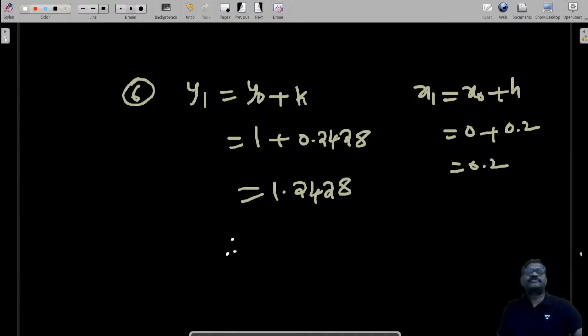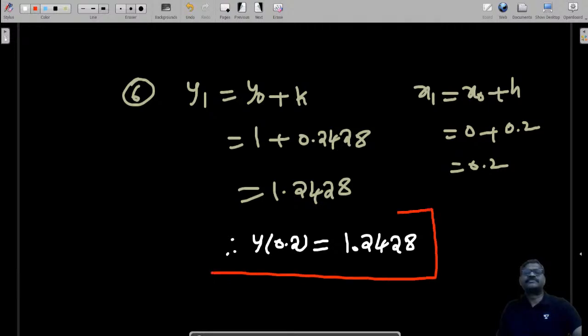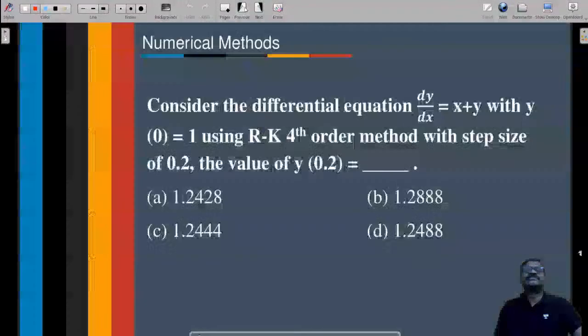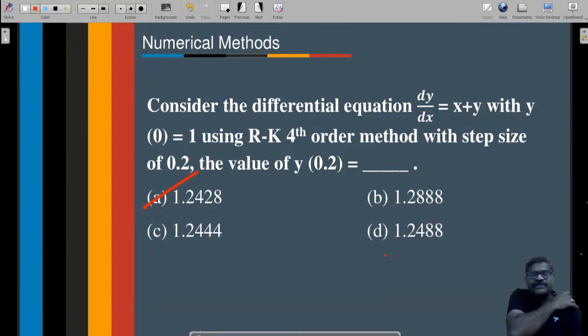Therefore, the value of y at point 0.2 is 1.2428. First option is correct.